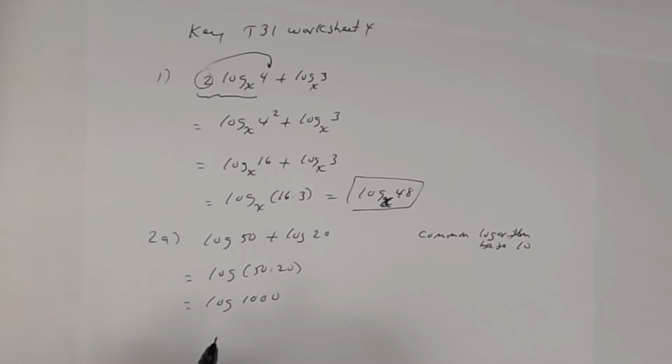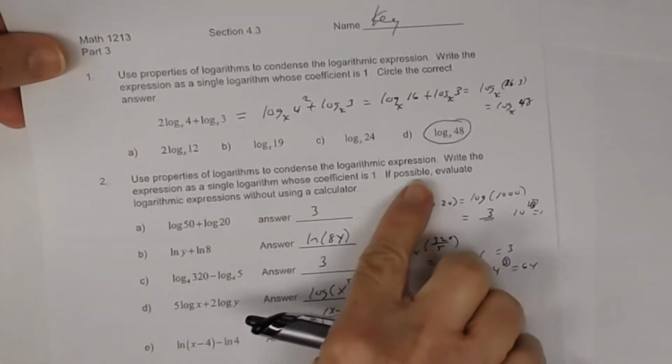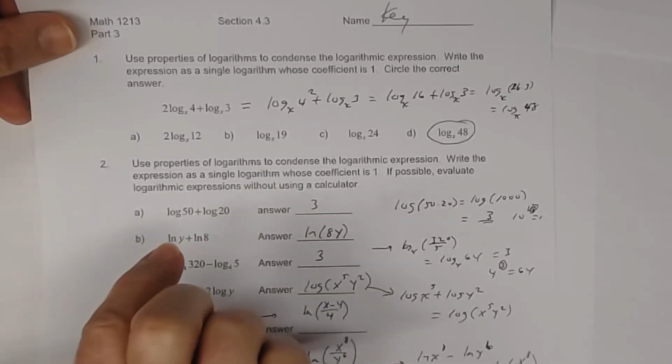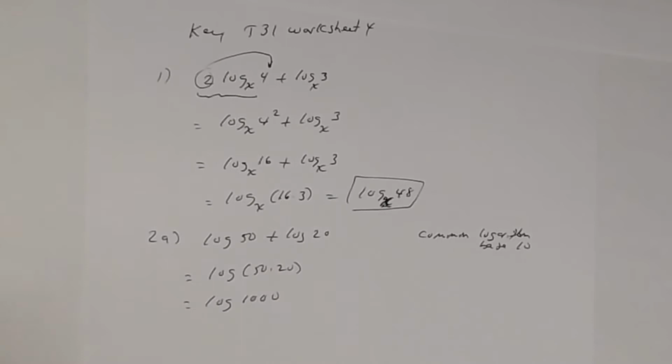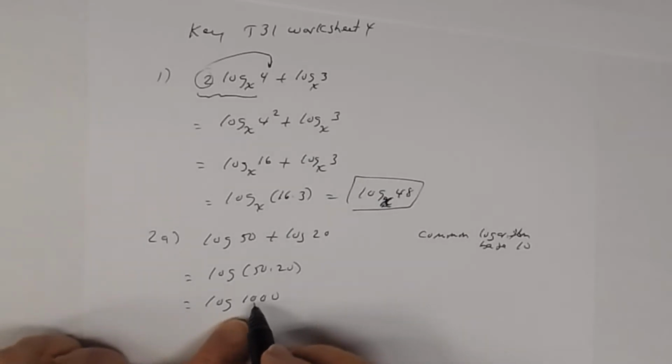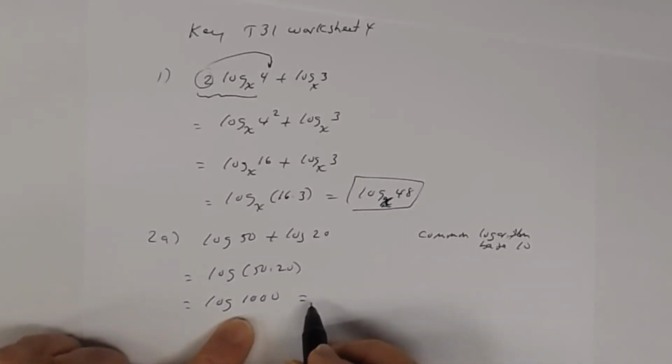All right, now remember though, the direction says: if possible, evaluate log expressions without using a calculator. And notice that right here, that's base 10, right? And notice that 1,000 I can write as the log of 10 to the third power, couldn't I?